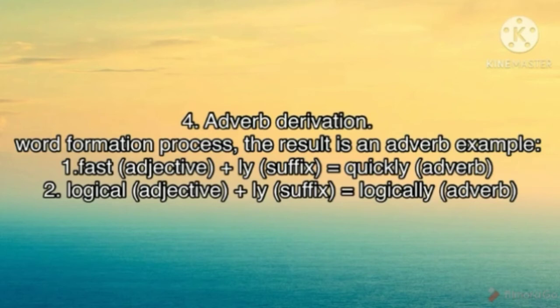Here, quick is an adjective and ly is a suffix. This process produces the adverb quickly. And the second example is logical plus ly equals logically. Here, logical is an adjective and ly is a suffix. This process generates the adverb logically. Okay, I think that's all the types of derivation. The next material will be explained by my friends.